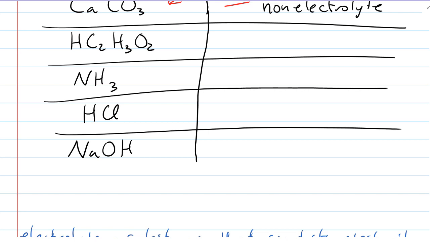Now, the difference though is that this acetic acid is 100% acetic acid. If you look at a bottle of vinegar, it will say it is diluted with water to 5% acidity.